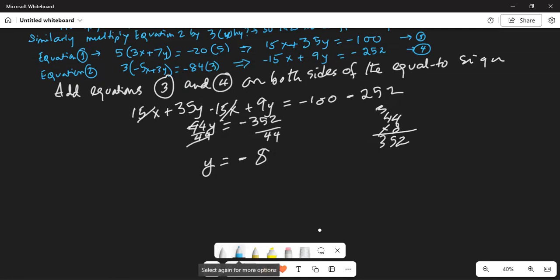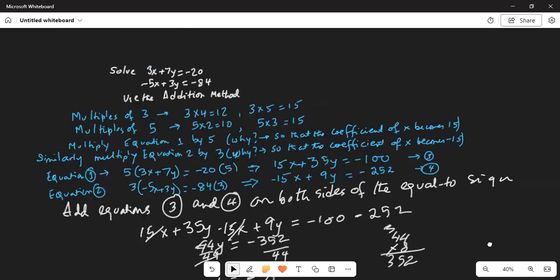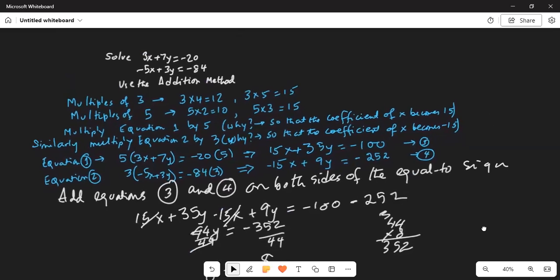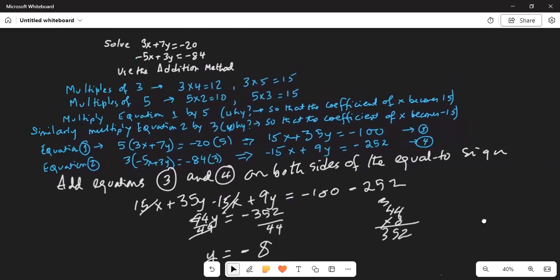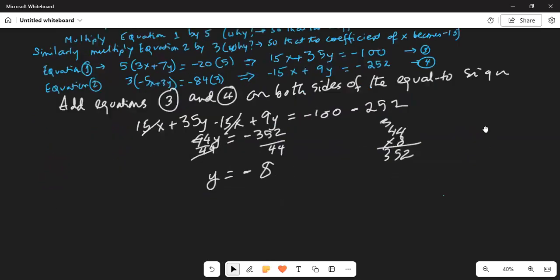Now, let me remove this a little bit down. So we solve for the y value equal to minus 8. We can plug it in the first equation. So the first equation is 3x plus 7y equal to minus 20.